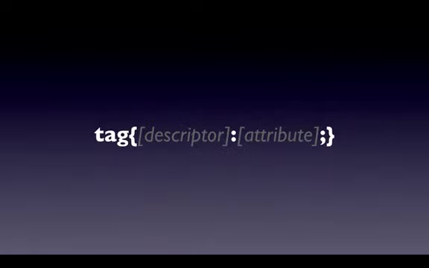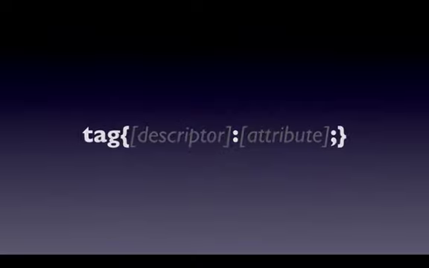For instance, border, your width or your height, that's your descriptor. And then you give your attribute, which is the actual value you want to give it. Basically something like border could be 1 pixel wide, or you could have color blue for your font. These are attributes. And I'll show you these later when we actually start talking about the actual way you write it all and what the definitions are.